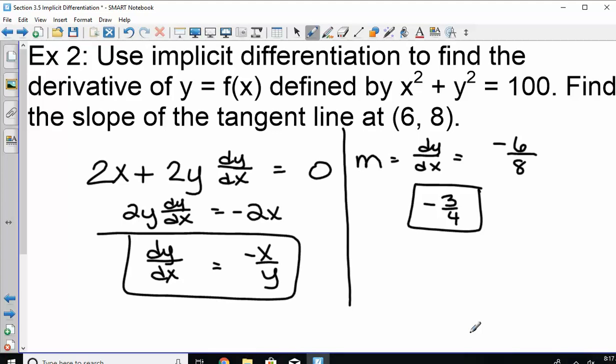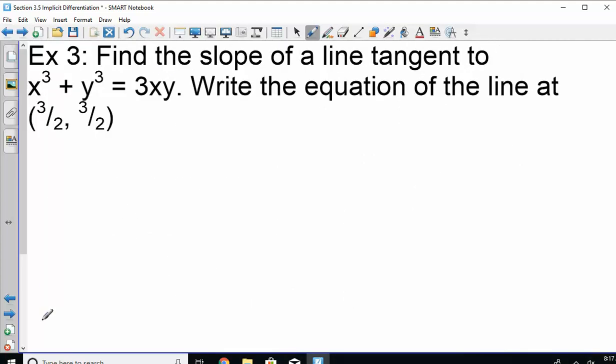Any questions so far? Let's look at this one. Find the slope of the line tangent to this.